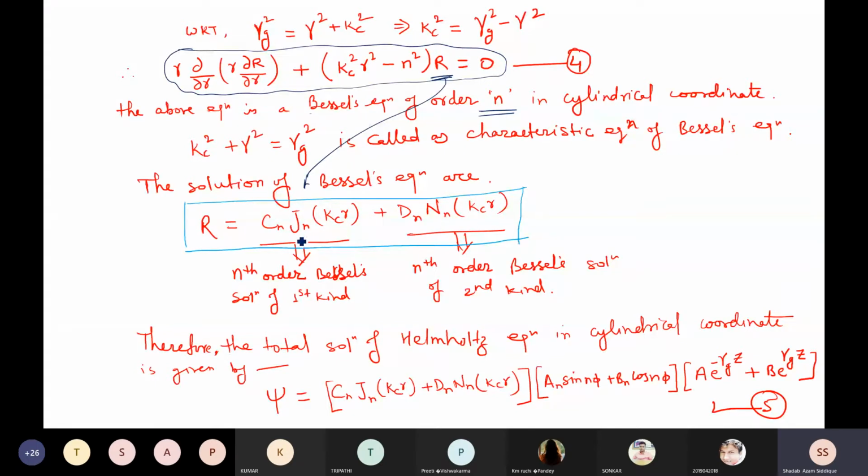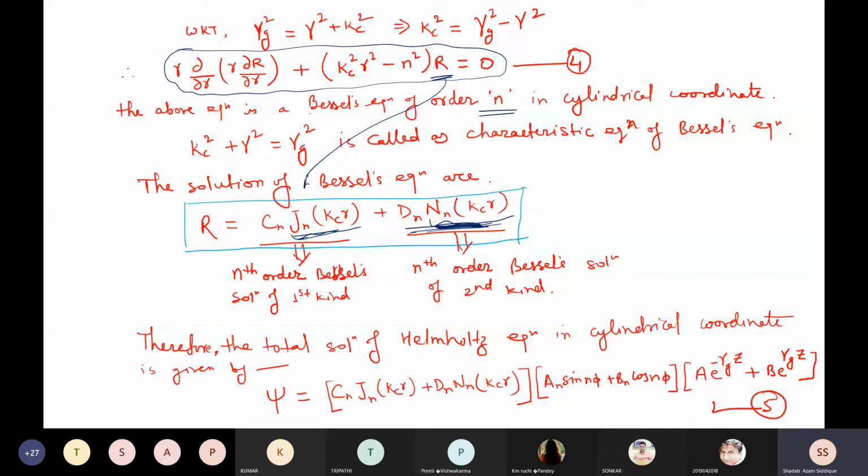What is this Jn? Jn is a function, Nn is also a function. Jn(kc r) is the nth order Bessel solution of first kind, and Nn(kc r) is the nth order Bessel solution of second kind.